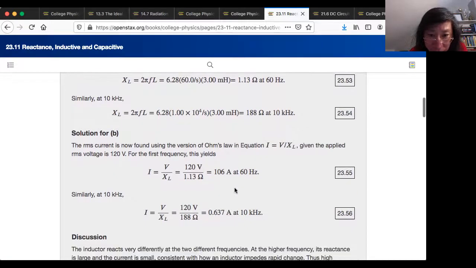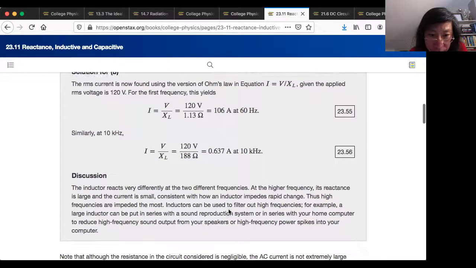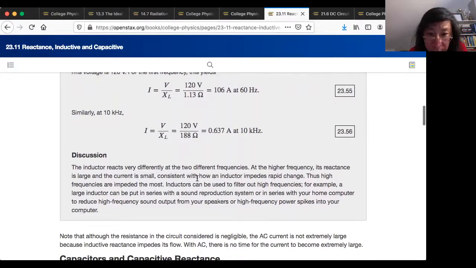And then how did the current go? Well, in the first case, you have this huge current because the resistance is very low. But in the second situation, you have a much lower current. So the inductor reacts very differently, but it's useful that way. How do you want to impede or reduce AC current flow?